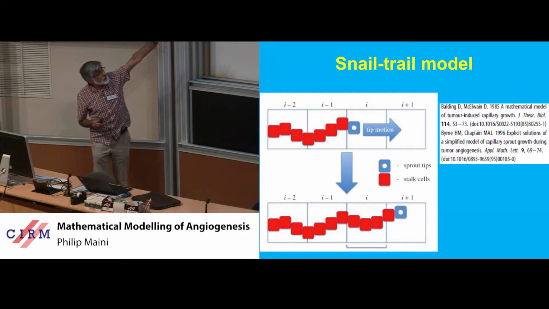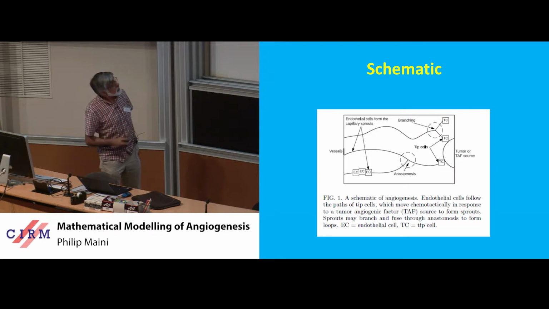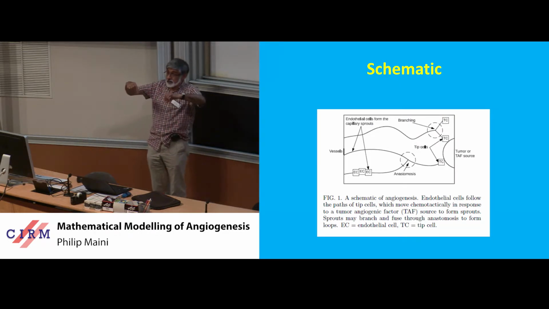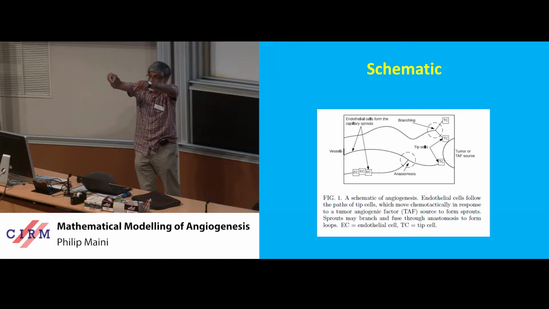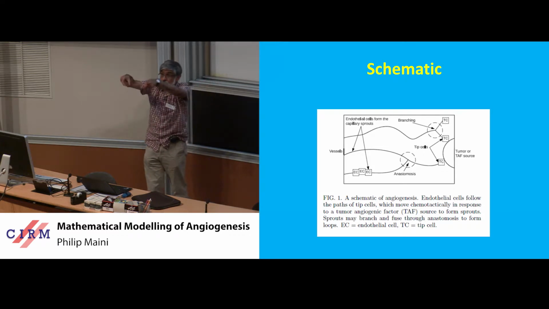And this model here is a model that we've been using a lot. So the general idea is that you've got these tip cells that move along, and behind them are these stalk cells growing.